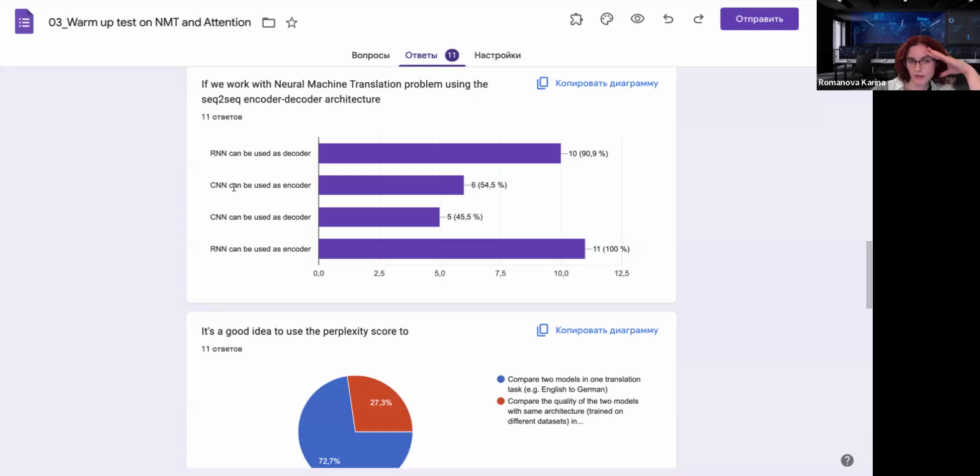So it is possible, but we don't usually do it. And the last one was about RNNs in the encoder part. In sequence-to-sequence models we use them since they are good at processing sequences and learning contextual information from the input text. Do you have questions about why all the options were correct in this context?